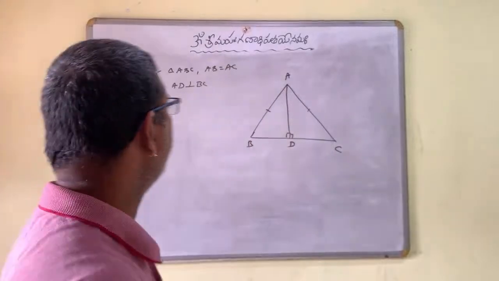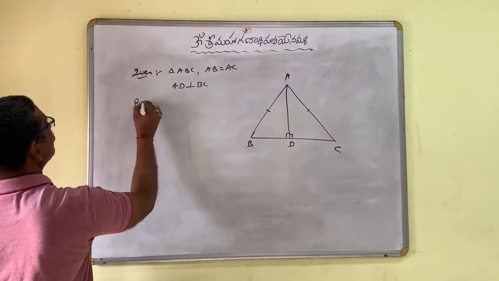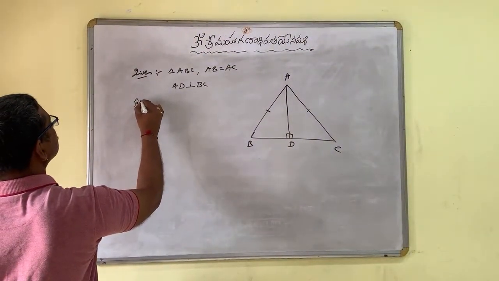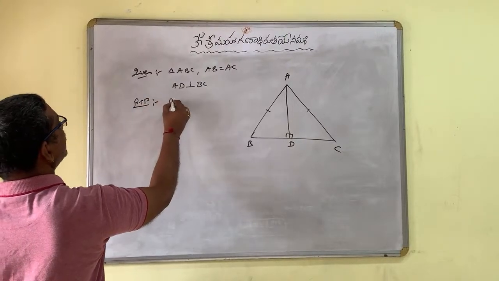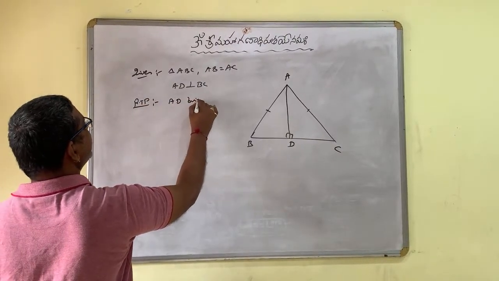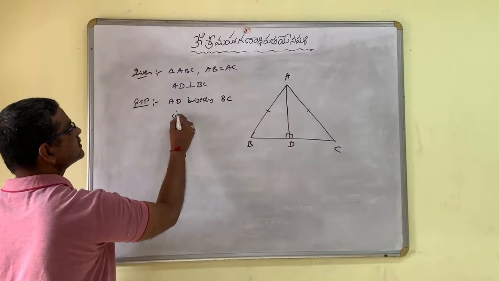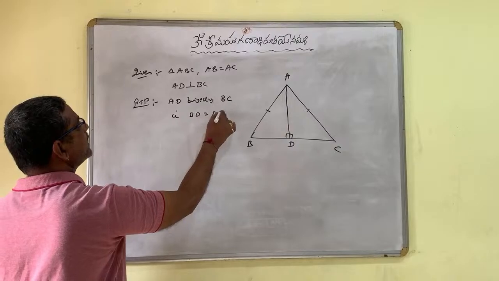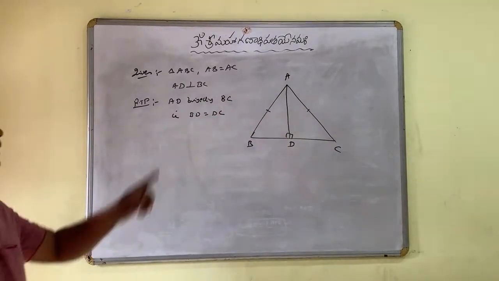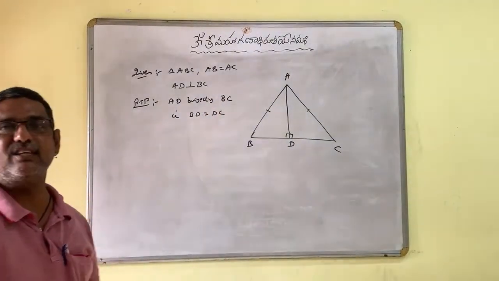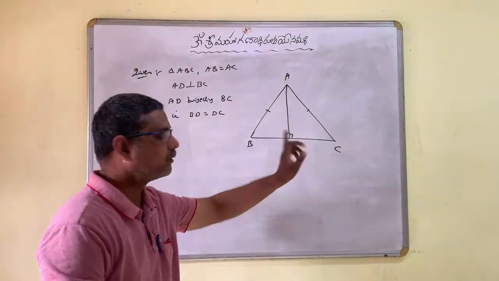AD bisects BC. Required to prove: AD bisects BC. That is BD is equal to DC. We have to prove AD bisects BC means BD is equal to DC. We need to prove these two are equal.